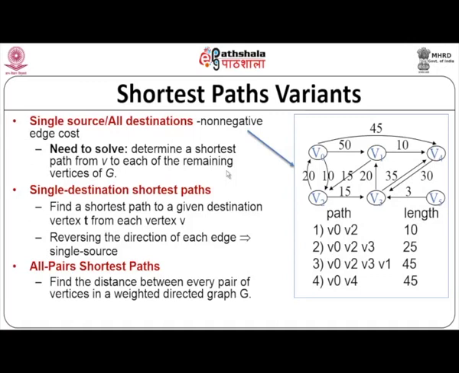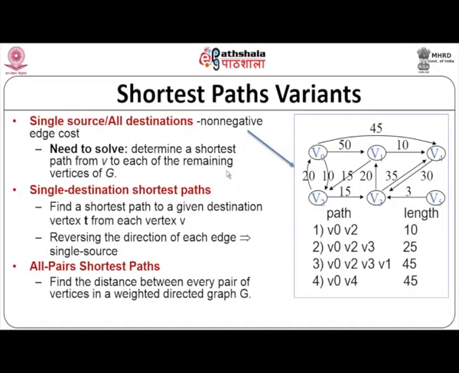For example, here from the single source V0, the paths are V0 V2, that is 10, V0 V2 V3 25, V0 V2 V3 V1 45, V0 V4 45. So, from the single source V0, we have to find the shortest path to all the other vertices V2, V3, V1 and V4. So, that is the problem.